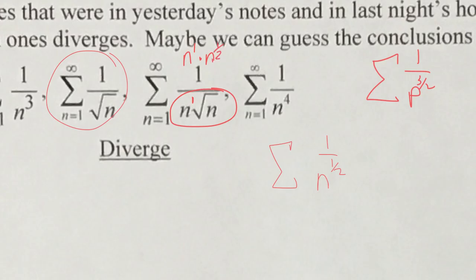And when we have the same bases, we add exponents. So then would it be n to the power of 3/2? Or would it be p? Oh yes, of course, the letter doesn't change, sorry. N to the 3/2. These are all n's, a sub n, because n starts at 1 and goes to infinity.